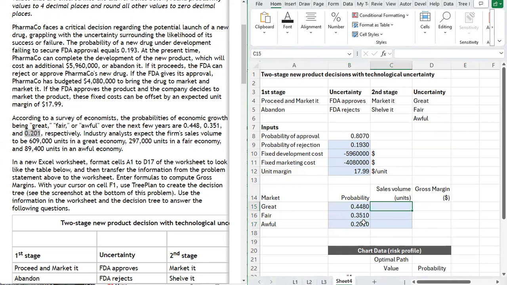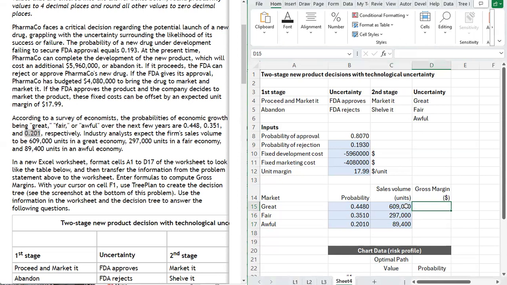Sales volume, if the economy is great, is 609,000 units. Sales volume is expected to be 297,000 if the economy is fair. Sales volume is expected to be 89,400 if the economy is awful.